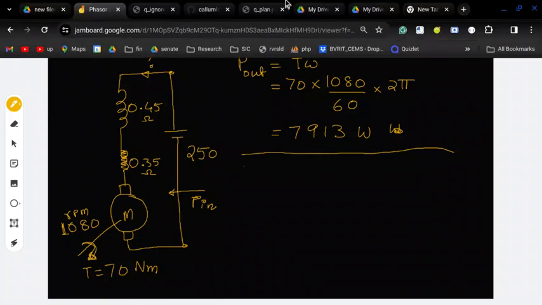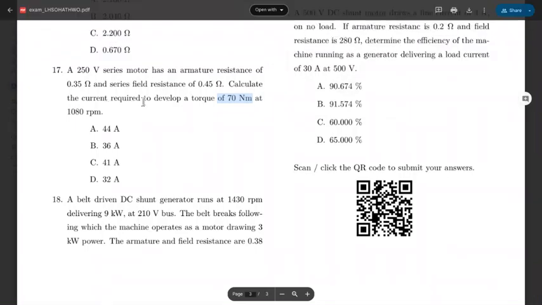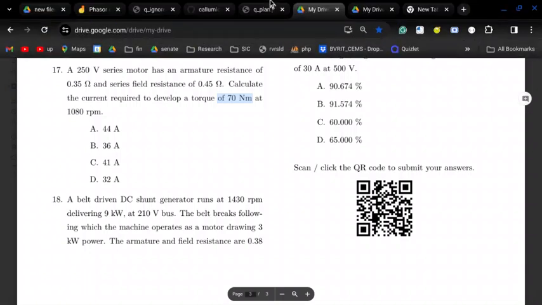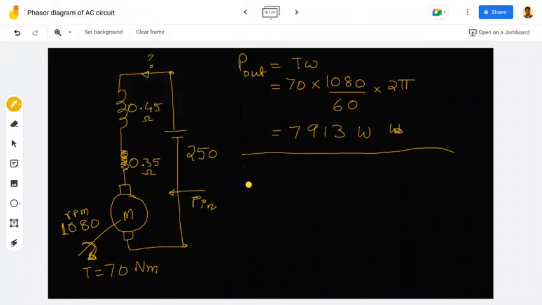Let's read the question once again. Calculate the current required to develop a torque of. Okay. See here, what you can do. Let's say there is some current here, and from that I can find out what is the output power. So let's assume the current is I. So I into 250 is your input power, then losses.